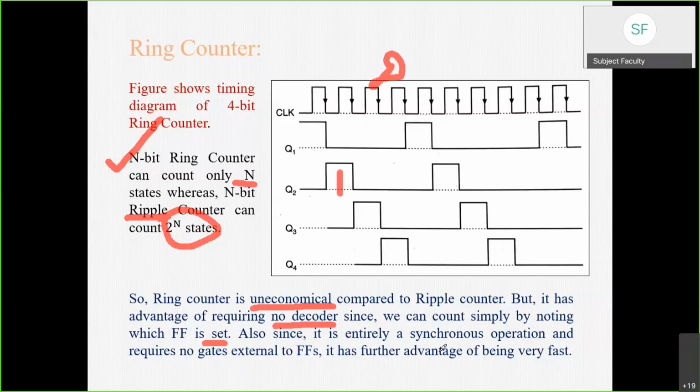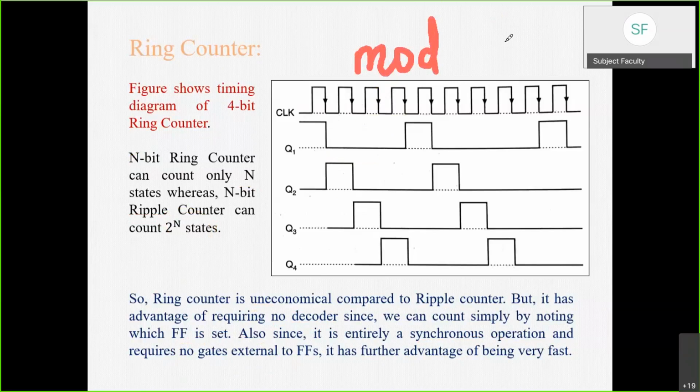Then second, since this entire operation is synchronous in nature, no external gates will be required. Why are no external gates required? While discussing asynchronous counters, in mod counters we generally use external gates, right?